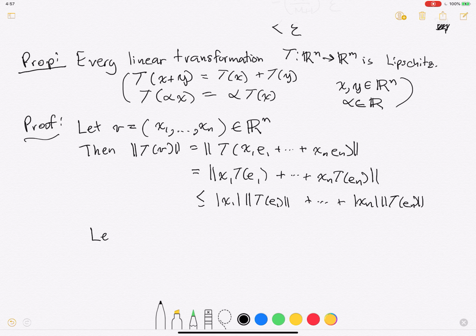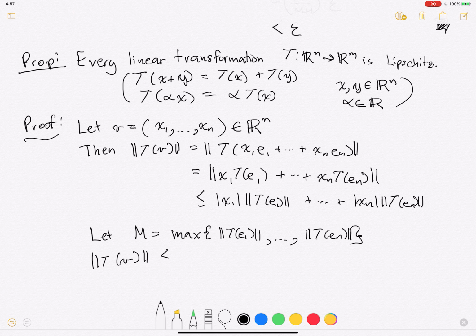Now if you let m equal the maximum of these, then we have that the norm of T(v) is less than or equal to m times, if you factor them out, continuing from this last line, by the way, each of these is less than or equal to m, so that's where we got that.